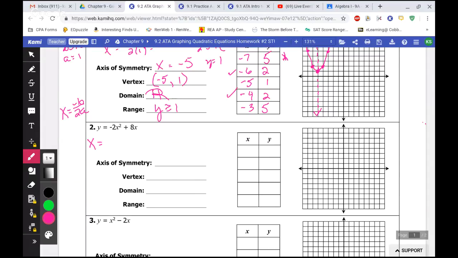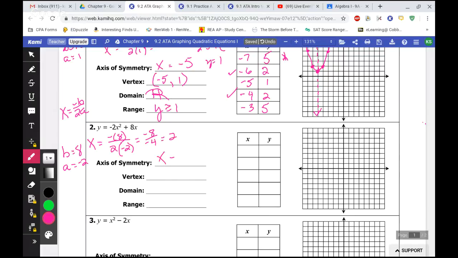So x equals the opposite of 8 over 2 times, and what is the a value? -2. Good job. So we have the opposite of 8 over 2 times -2 is -4. And -8 divided by -4 is 2.